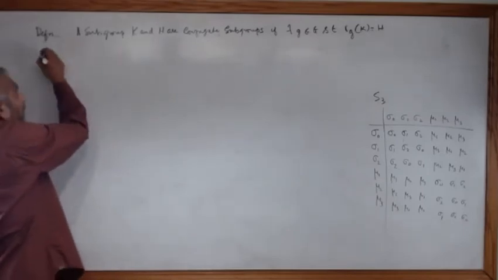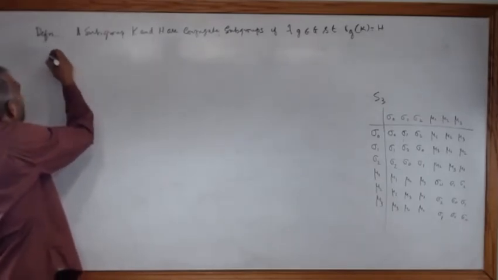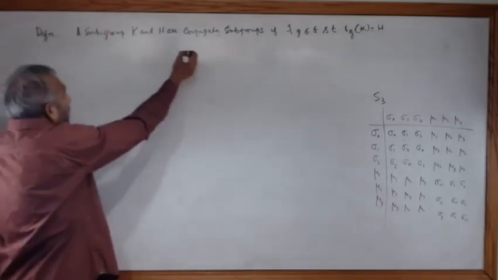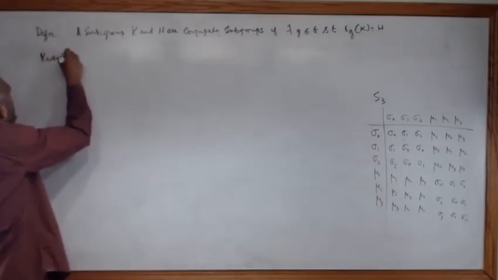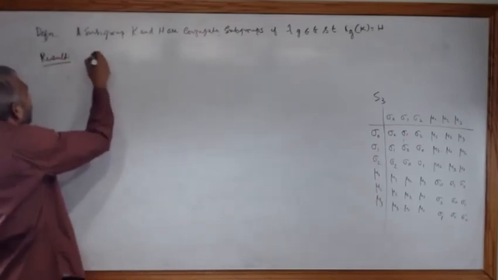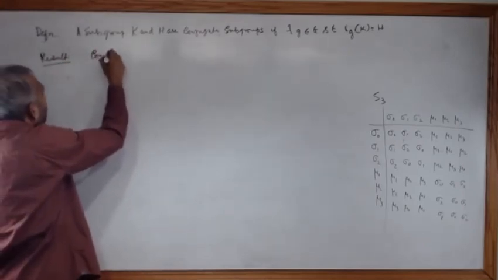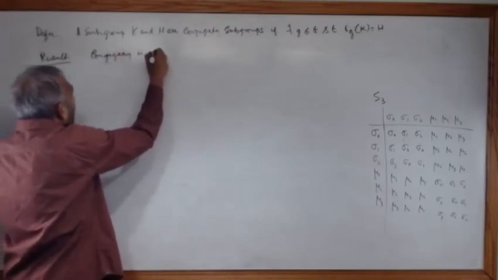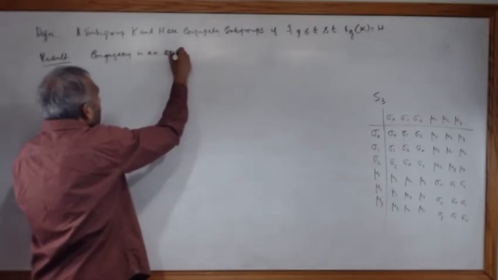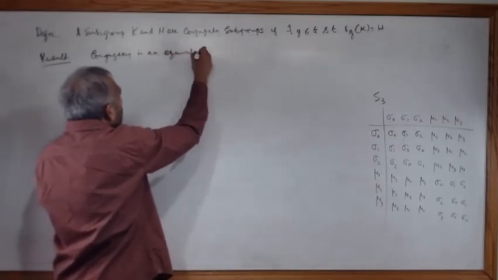Now there is a result based on these conjugate subgroups. That result is, or problem you can say, conjugacy is an equivalence relation.